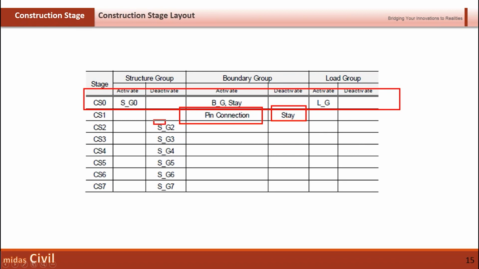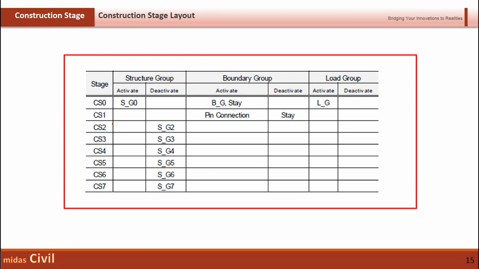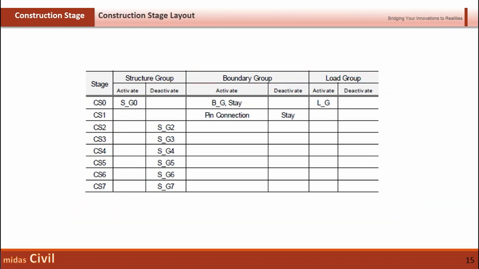After that we'll just remove structure groups one by one. So this is how we'll be defining our construction stage. We'll define stages, we'll have groups, and we'll be activating and deactivating things inside the software.